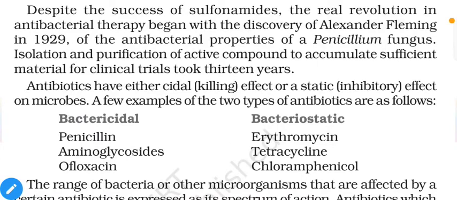Isolation and purification of the active compound to accumulate sufficient material for clinical trial took 13 years. That means after the discovery of the antibacterial property of Penicillium, we actually got that compound for practical use 13 years later.